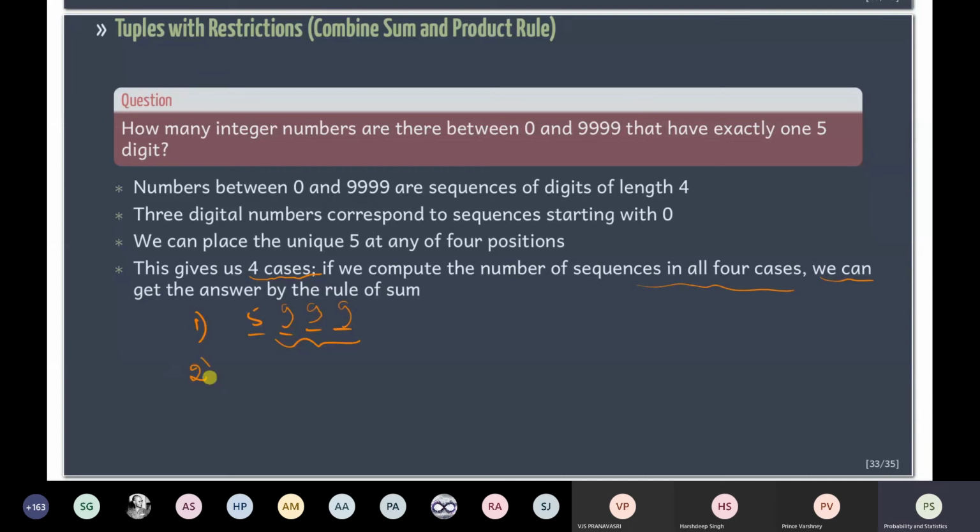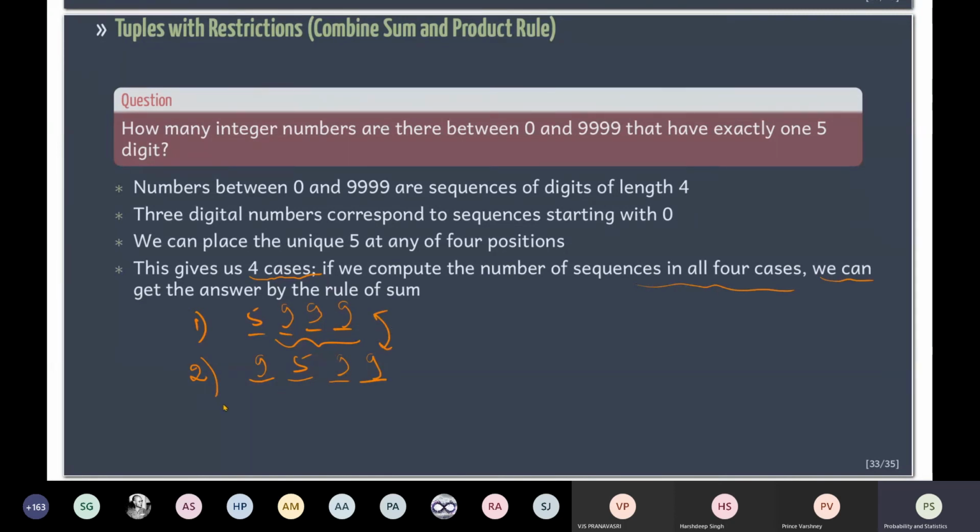Another case is we put 5 at the second place, and for the other places the possibilities we have are 9, 9, 9. These differ because they differ in the place of the 5.